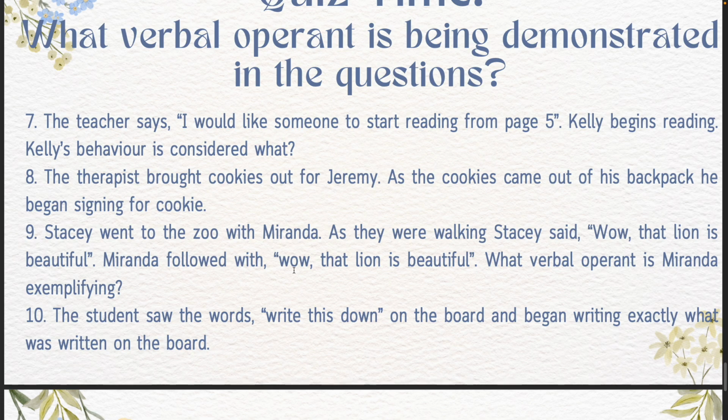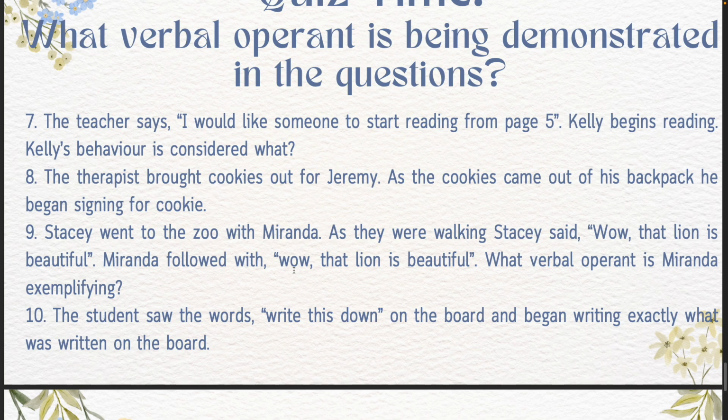All right, 7, the teacher says, I would like someone to start reading from page 5. Kelly begins reading. Kelly's behavior is considered what? Okay, this is a very clear example of making sure we know what is being asked of us. So in this case, we have the teacher and we have Kelly.